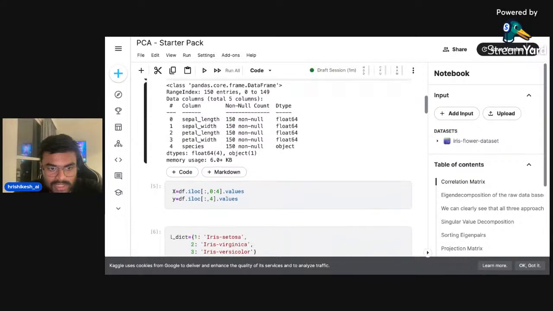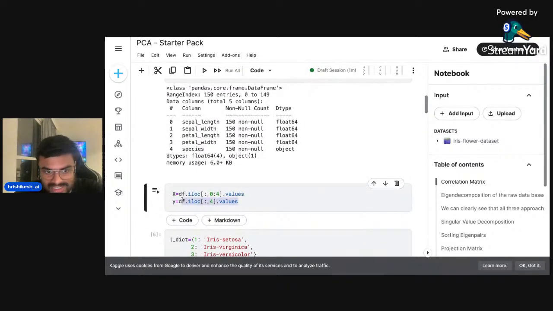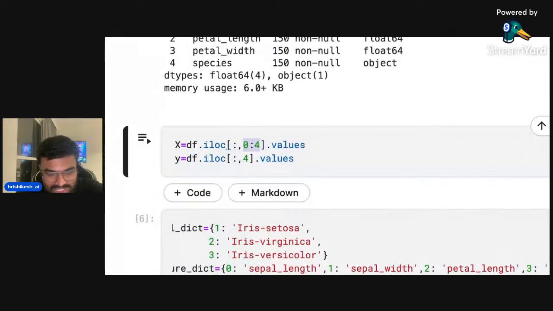So अब यहाँ पे हम क्या करेंगे? What this does is .iloc[:, 0:4]. The thing you need to understand the most here is that the first thing in this list represents rows, and the second is the column.